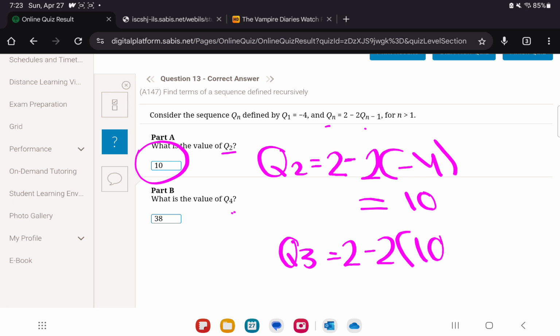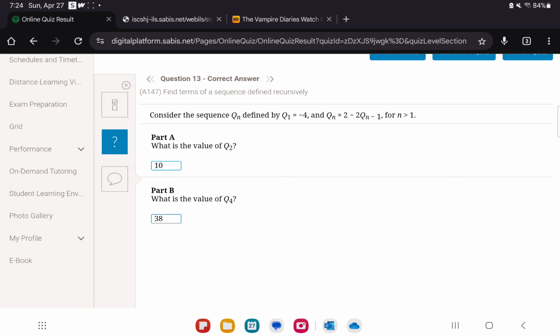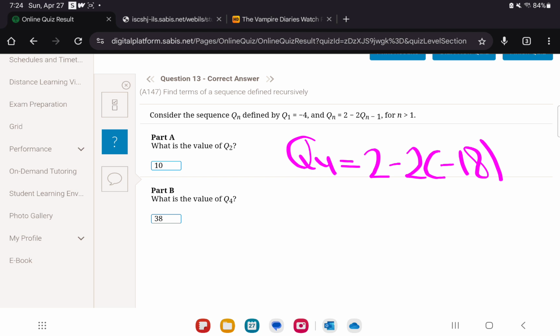That's why you have to make sure you're getting the right answers, because part B depends on part A. You do that on your calculator, you get minus 18. Now for Q4, you get 2 minus 2 times minus 18. Do that, you get 38. That's your answer.